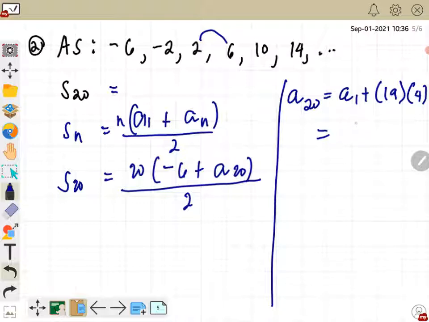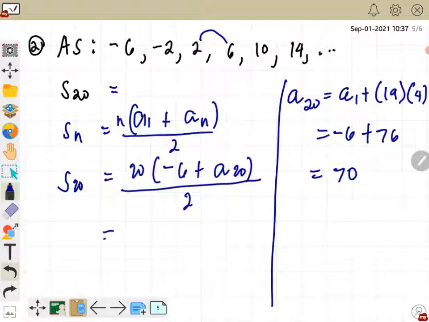So our a sub 1 is -6, and 19 times 4 is like saying 20 times 4 minus 4. 20 times 4 means 80, minus 4 is simply 76. Adding that to -6, we have 70. It means that our 20th term is 70.